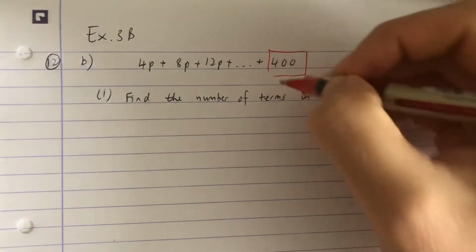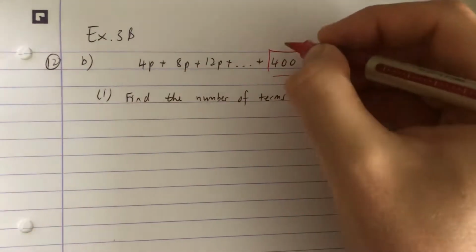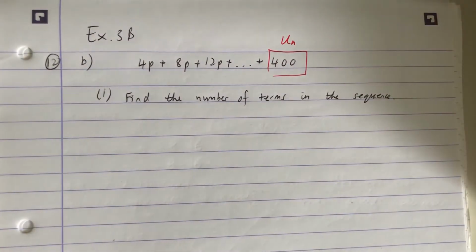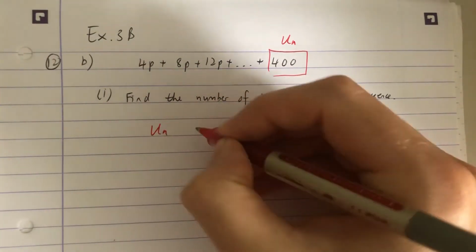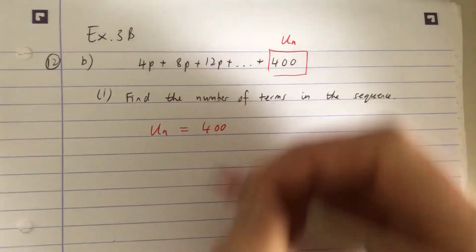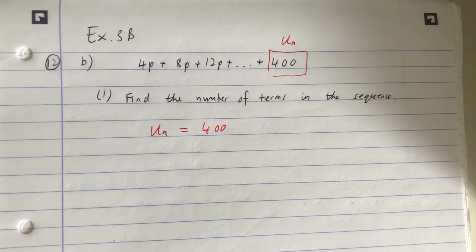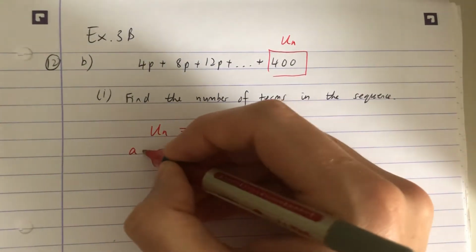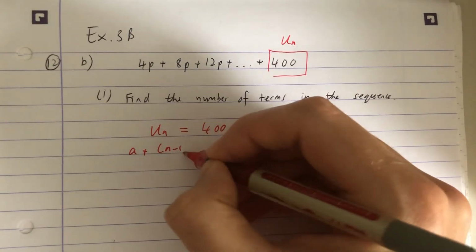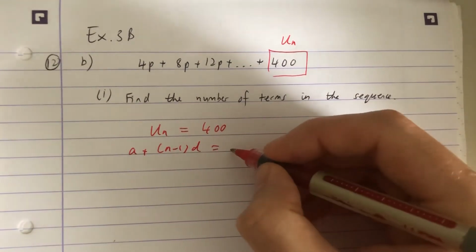So I'm going to focus on this and call that un, and effectively n is the thing I want to work out. So un is 400, but for an arithmetic sequence, the formula would be a plus n minus 1 d.